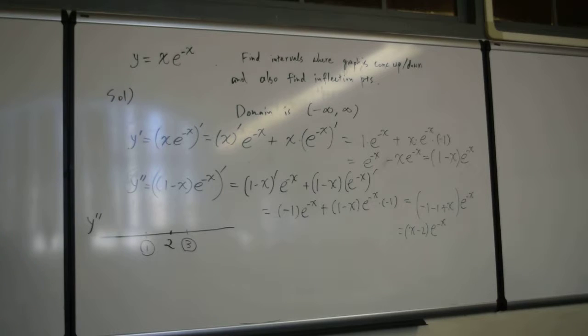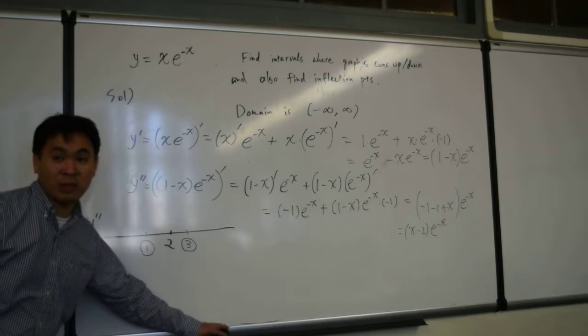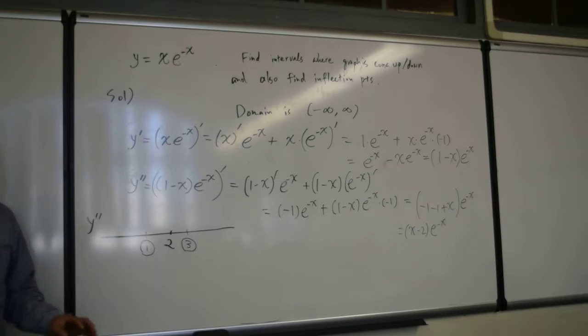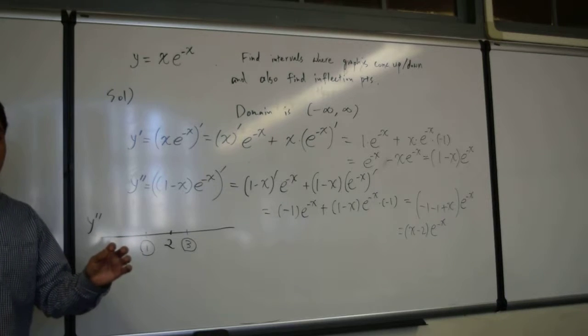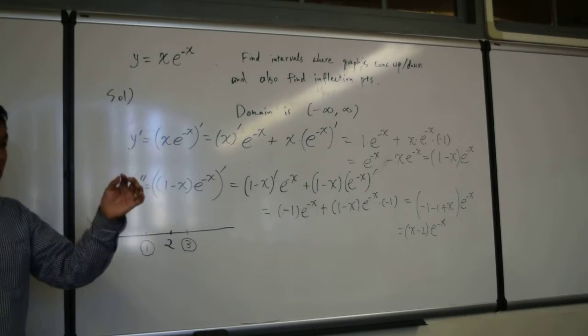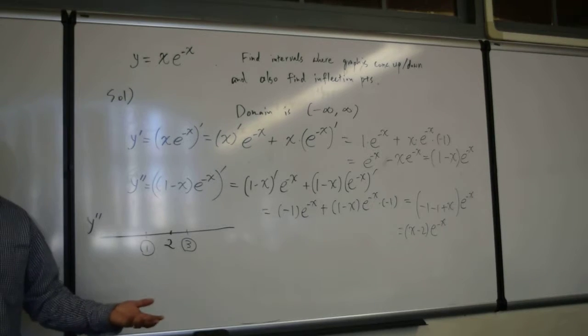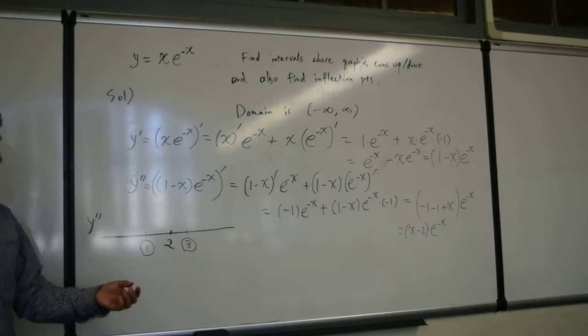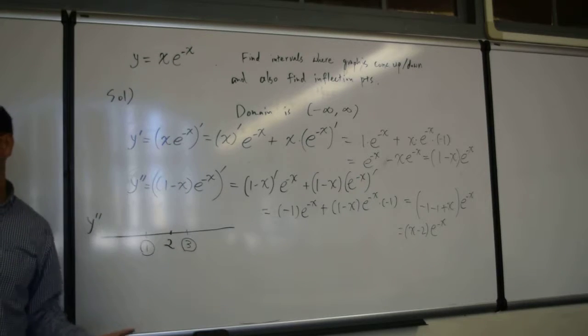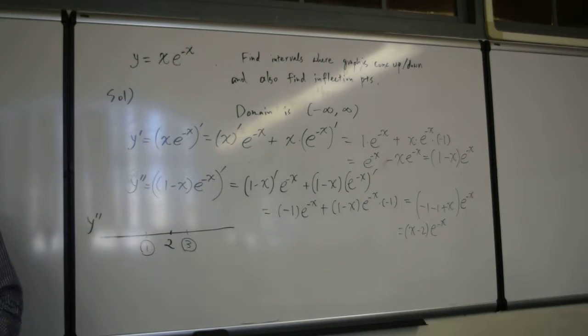Okay? We know that signs can change only if the function has a sudden discontinuity, or the function is undefined at that point, or it passes through the x-axis. That's the only time when a function can change its sign.